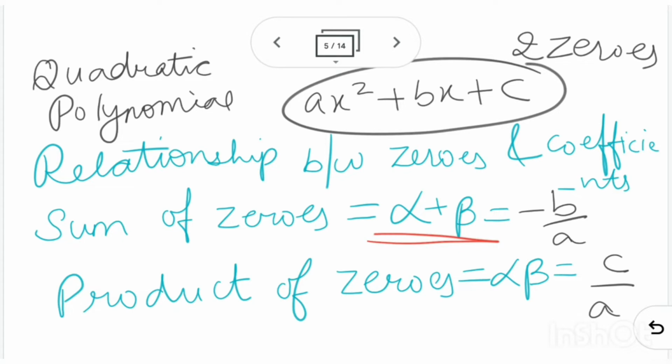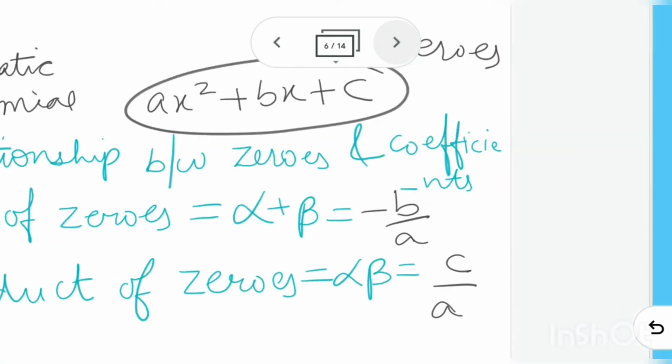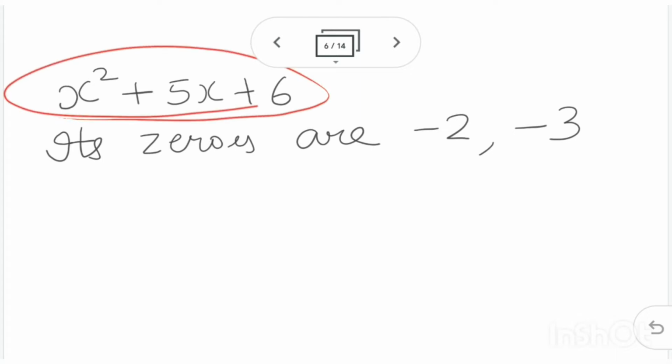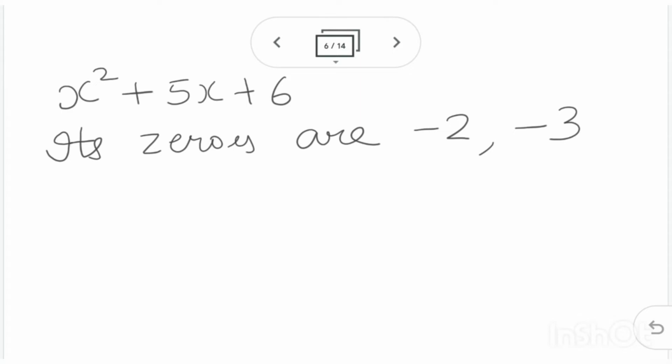Now we will verify these relationships in solving further questions. Before that, we can take one example. Here we have a quadratic polynomial x square plus 5x plus 6, and we have already found its two zeros, minus 2 and minus 3.